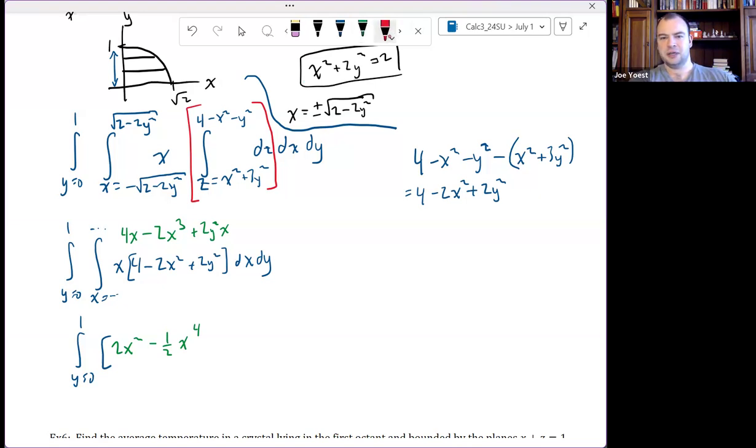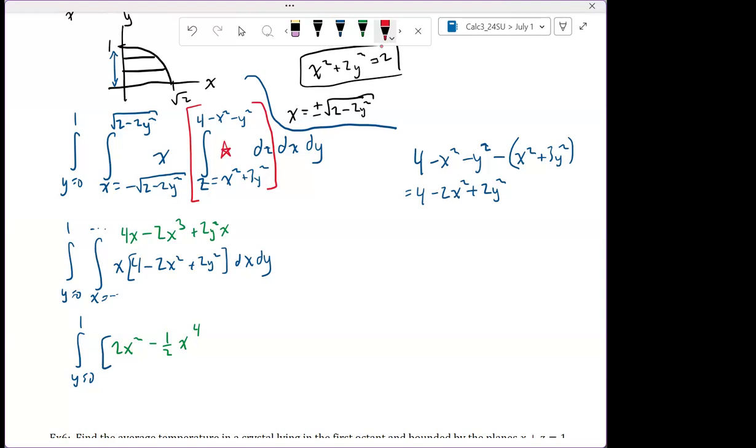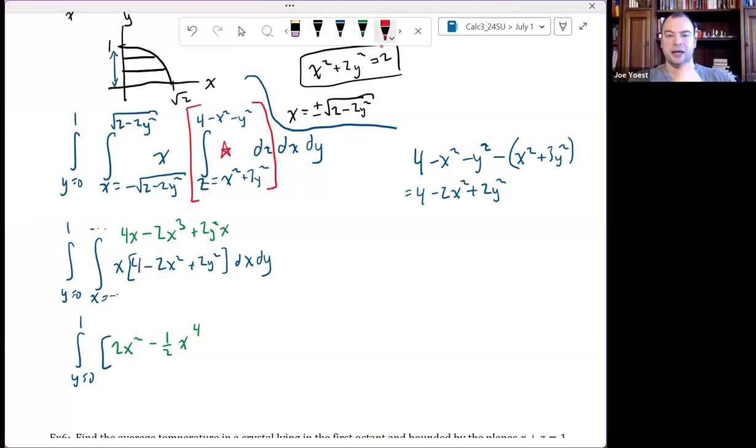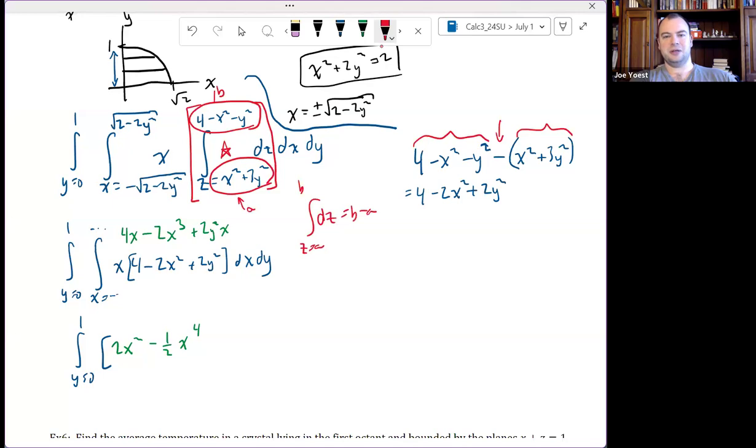Oh, so in the dz integral, I think the parentheses are confusing me. We're integrating from z equals a to b dz. So that's just b minus a, or that's 4 minus x squared minus y squared, the upper bound, subtract the lower bound, x squared plus 3y squared. So this is like a, and this is like b.